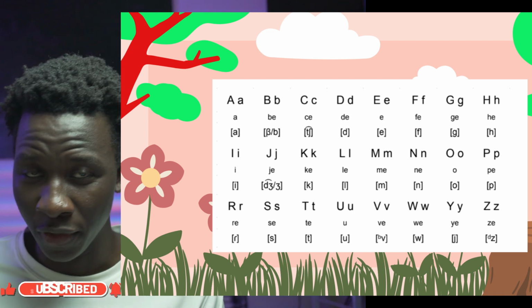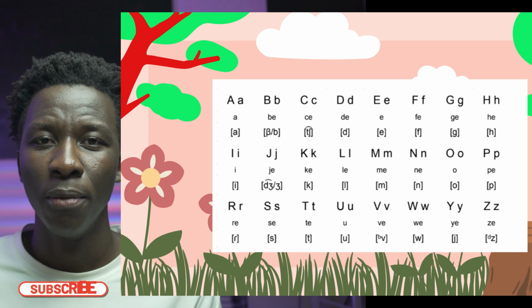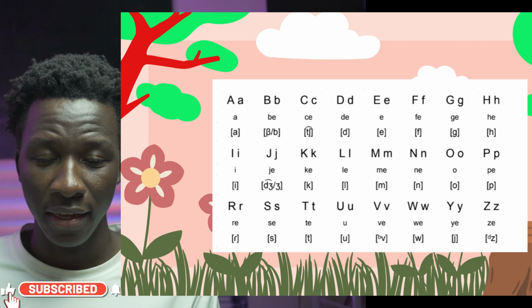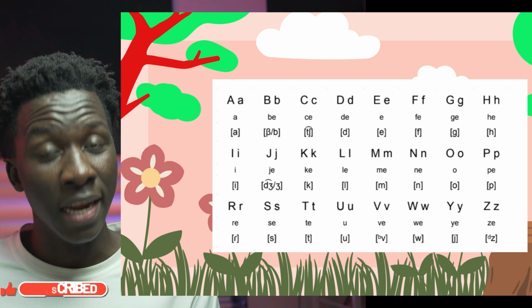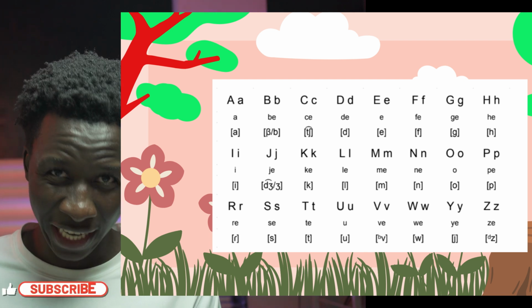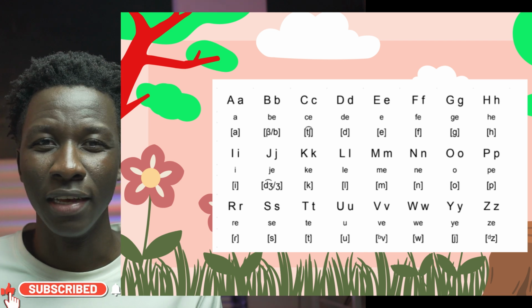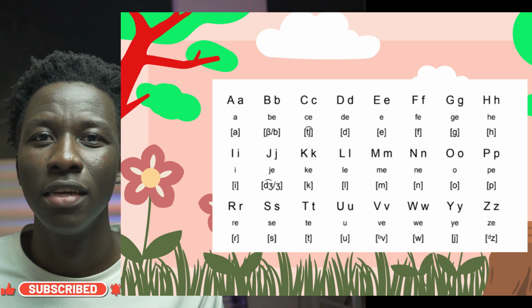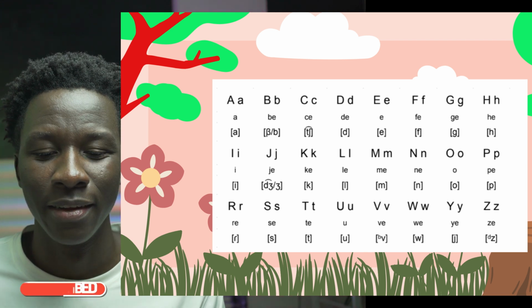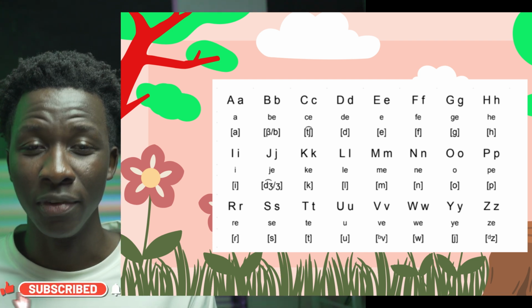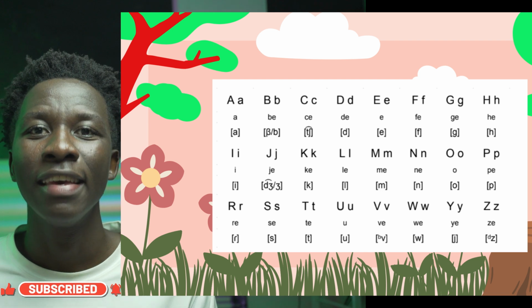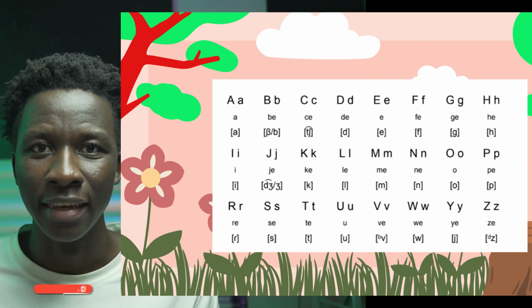In English we say I, but in Kirundi we say E. In English we say J, but in Kirundi we say J. In English we say K, but in Kirundi we say K.